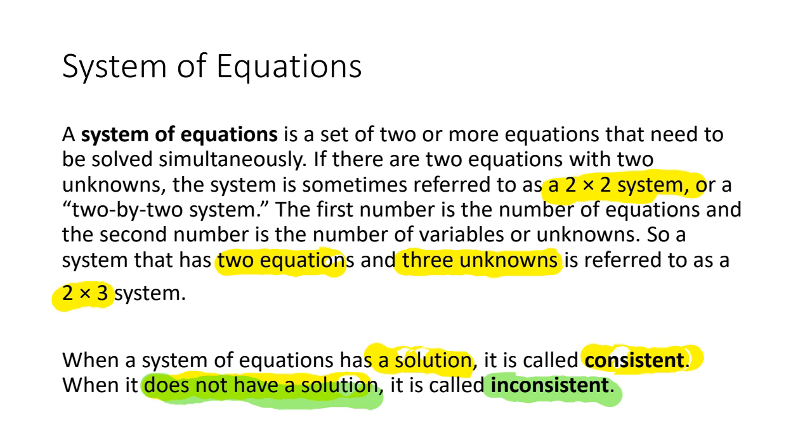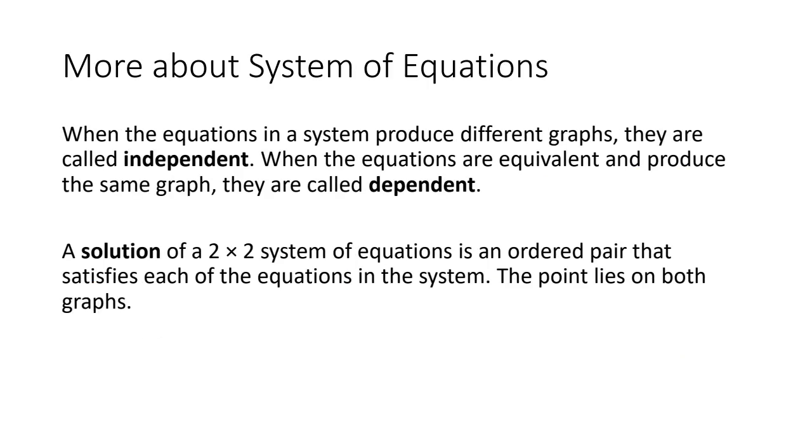Now, there's also two other words you have to know. When the equations in a system produce different graphs, they are independent. That means if we have two lines that intersect, we have two different graphs. If we have two parallel lines, they are independent.